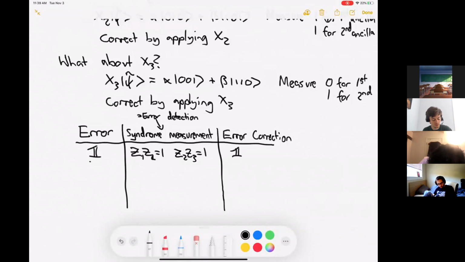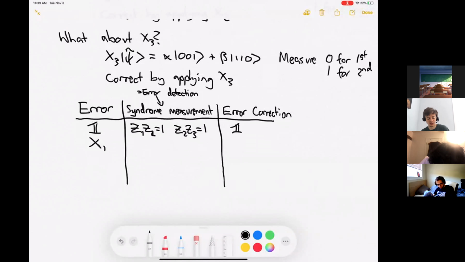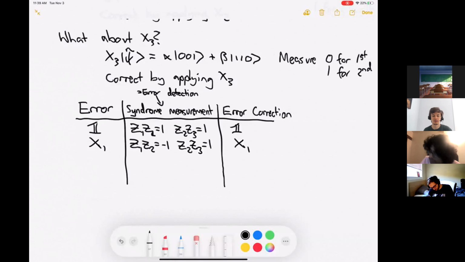Okay. If the first qubit got flipped, then when we do this measurement, the ancilla qubit that measures Z1 Z2 is going to give -1. Like little x1 plus little x2 is going to be equal to 1. So Z1 Z2 is equal to -1. Z2 Z3 is still going to be equal to 1. And then we error correct by applying an X gate to the first qubit.